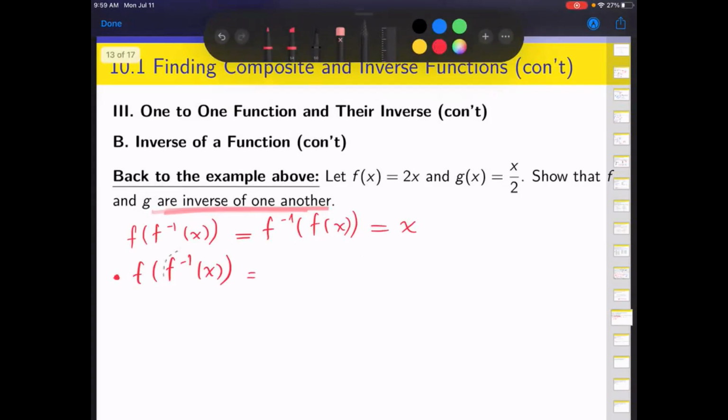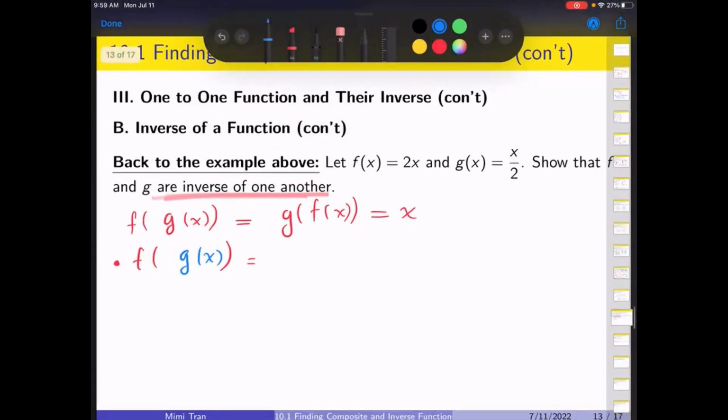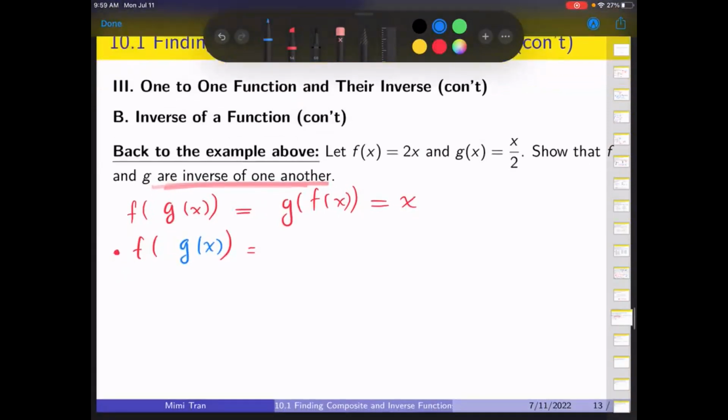Let me put the inside function in blue so it's easier for you to see. Let me replace F inverse with G so it's easier to imagine, because right now with G, we don't know if it's the inverse or not. G of X. What's G of X?